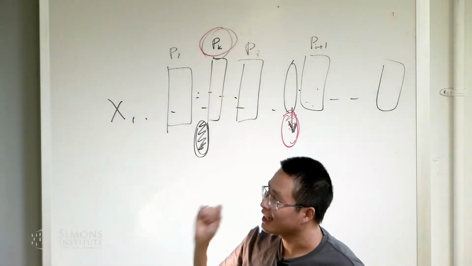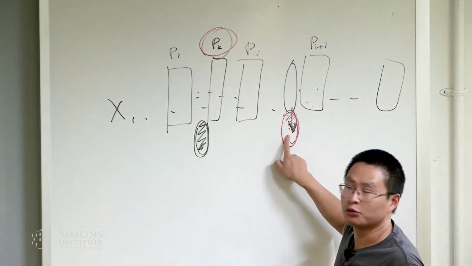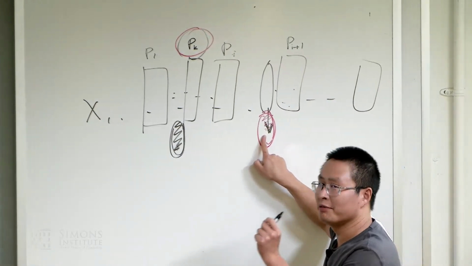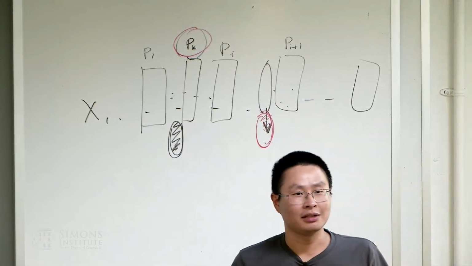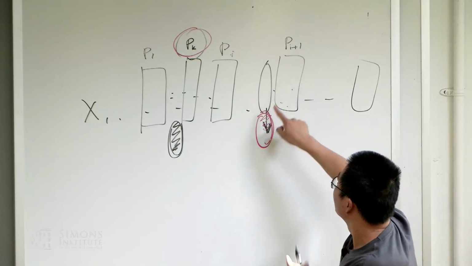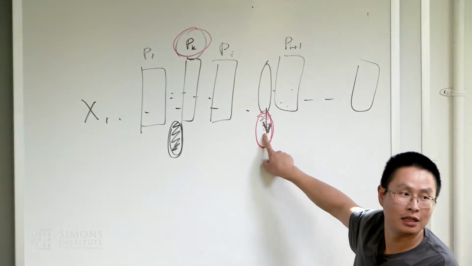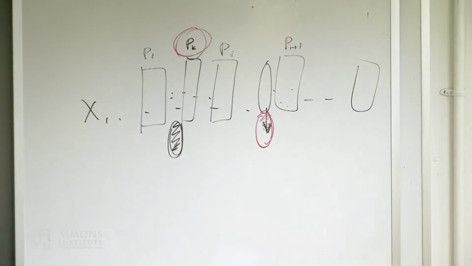In order to detect the needle at this location, you must store some information about the previous needles. Otherwise, at this moment, you can never know this is a needle. So you must remember something about the previous needles. Therefore, we sum over all the needles here, and for each i, we sum over all of the needles.